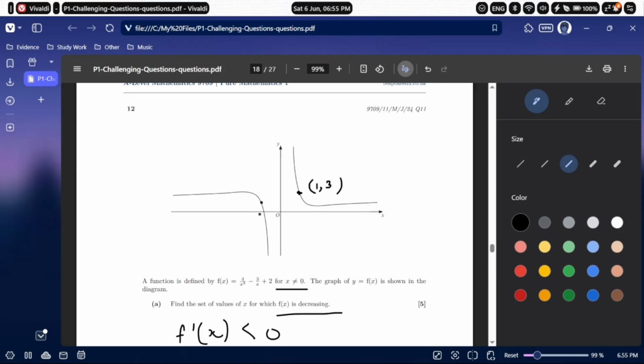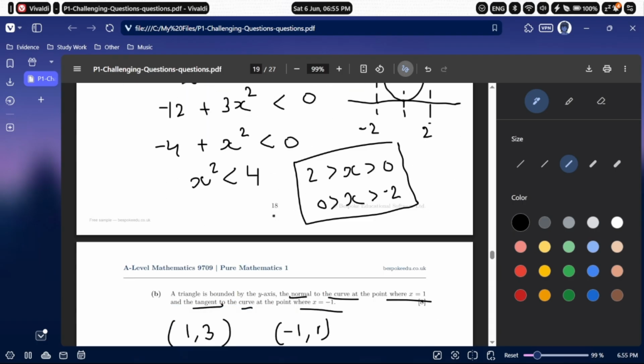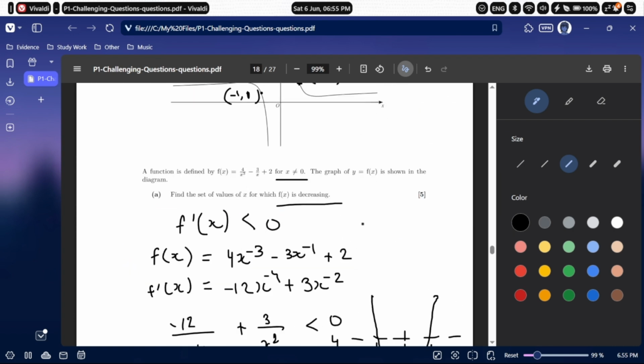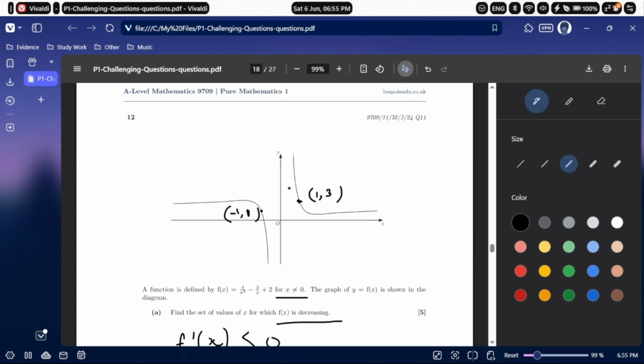So over here approximately. Now they're saying that using these two coordinates, first of all you form the normal to the curve where x is 1. Your tangent would be like this.